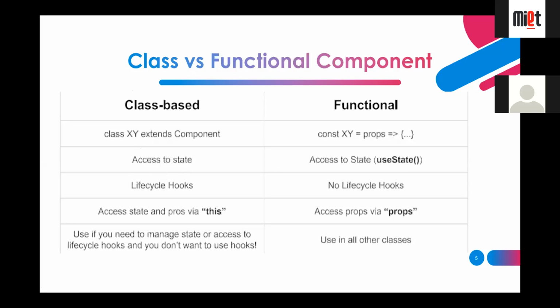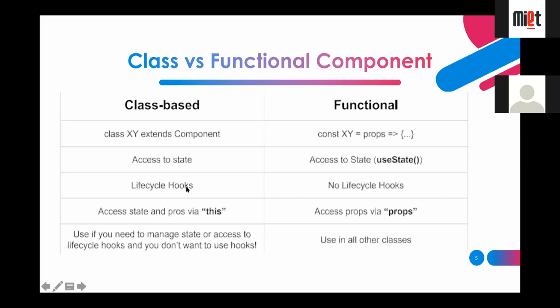State is an object that is responsible for the re-rendering of a component. It contains the dynamic data, and it is responsible for the functioning of that particular UI chunk. Functional components also have access to state, but in a different way: by useState, which is a hook we will talk about.